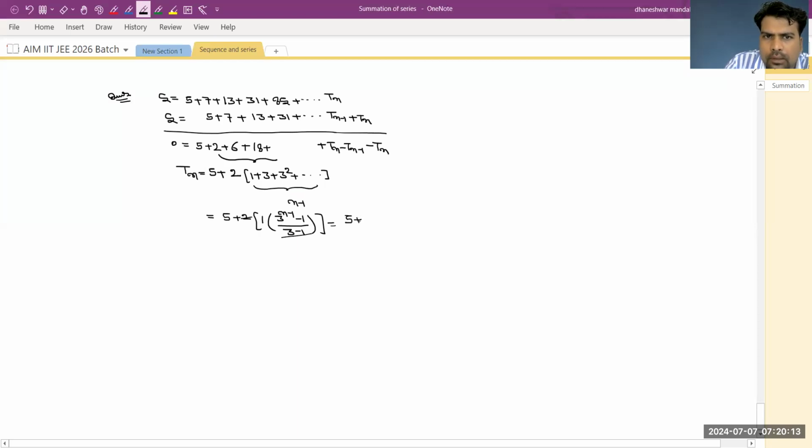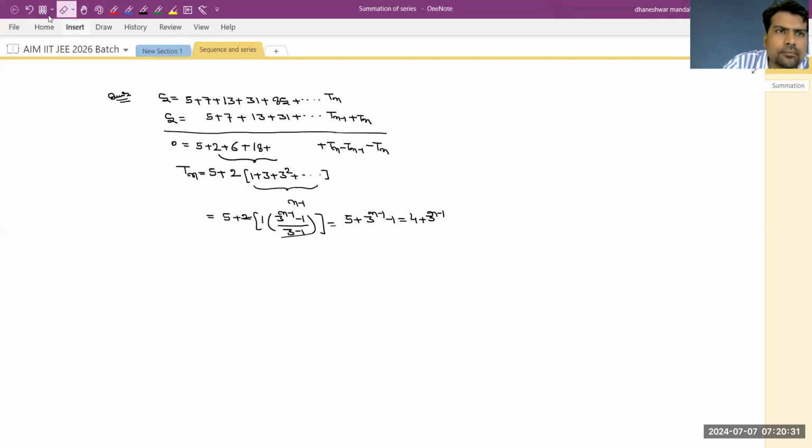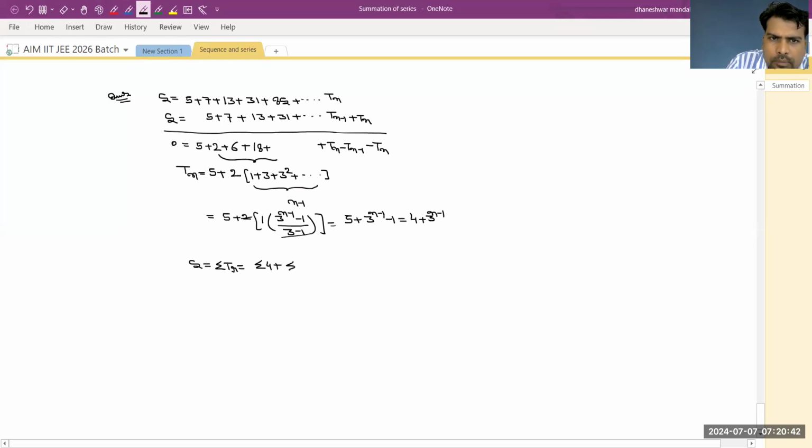Then from here, 5 plus (3^(n-1) minus 1). That means 4 plus 3^(n-1) is the Tn. Now I have calculated Tn. From this Tn, if I want to calculate the sum, then summation of 4 is there and summation of 3^(r-1) is there.